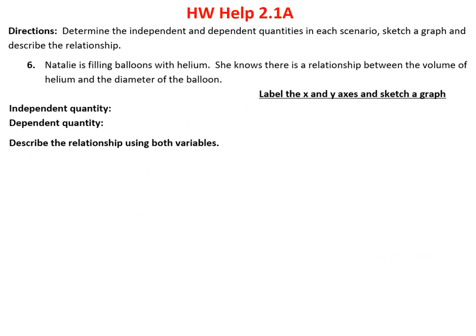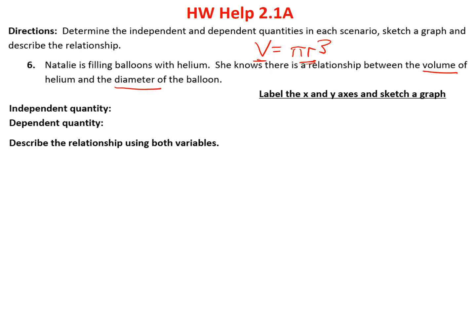Problem 6 states that Natalie is filling balloons with helium. She knows there's a relationship between the volume of the helium and the diameter of the balloon. And if we understand that, this one's kind of difficult to determine which determines the other. Does the diameter of the balloon determine the volume or not? Although we usually put things in terms of volume of a sphere is pi r cubed, and when we write that, we're usually saying that this is our independent variable that determines the dependent variable.